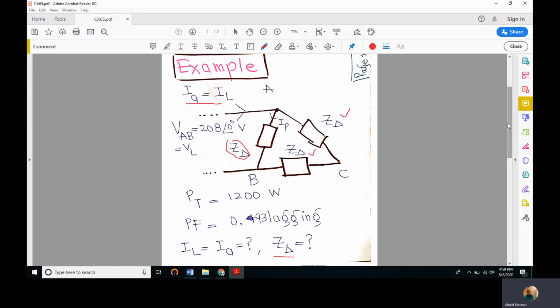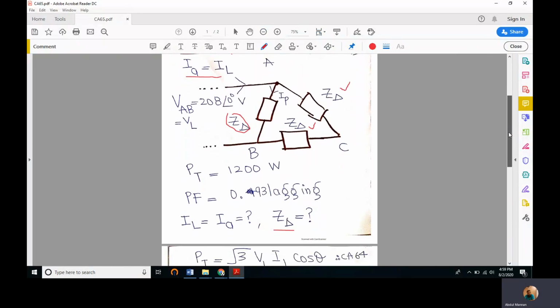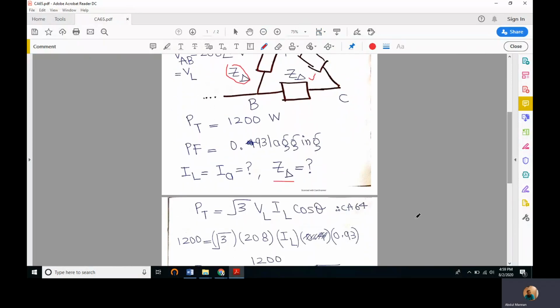Let's tackle this problem using the expression that we studied in last lecture 64. The total power in a three-phase system, no matter whether it is a Y-connected or a delta connected system, the expression remains the same: root 3 times line voltage times line current times cosine theta, that is the power factor.